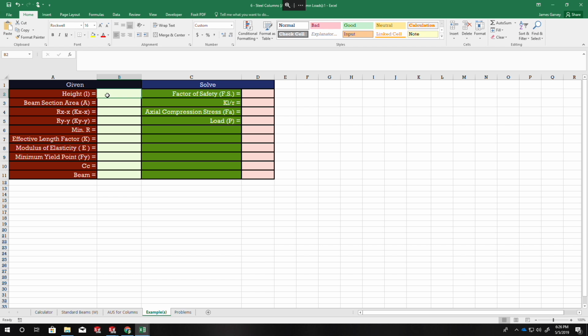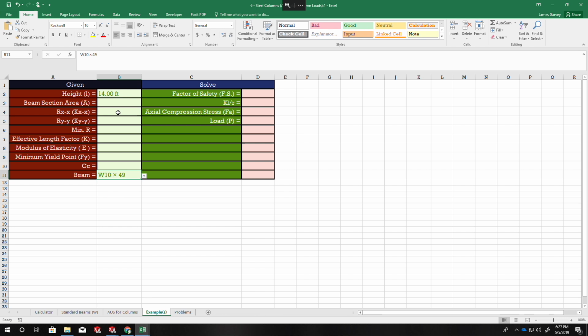So from the example, we have a 14-foot high beam. The beam type they're going to have us use is a W10 by 49. Let's see if I can find that real quick.